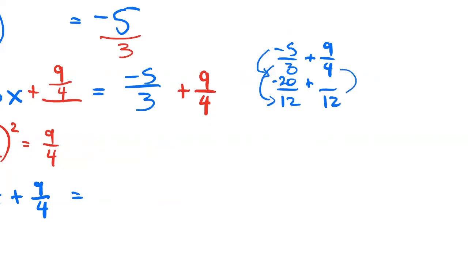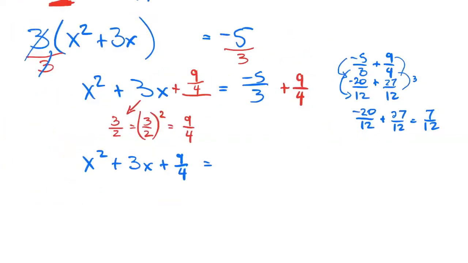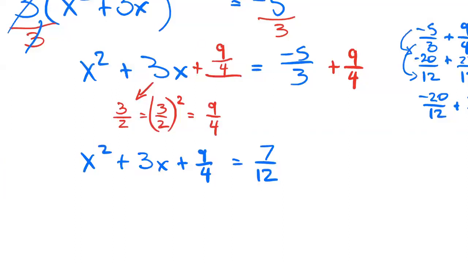I multiply 4 by 3 to get to 12, so 9 times 3 is 27. So I have -20/12 plus 27/12 is equal to 7/12. So my right-hand side of the equal sign is 7/12. I'm going to make my 9 a little bit nicer over here.